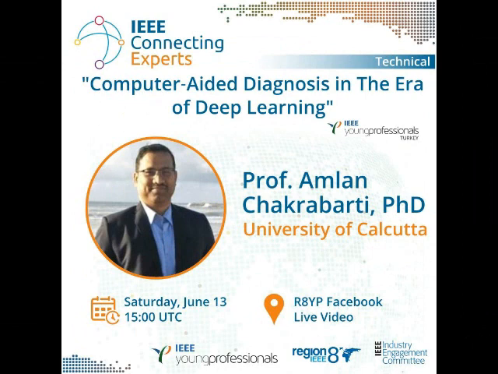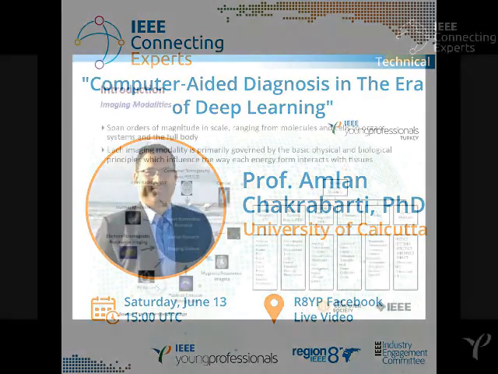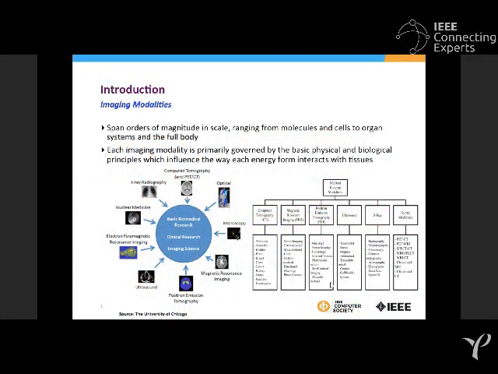Similarly, CT is also very similar to an X-ray, but in the case of X-ray, your source of the energy and your detector are static, so you only get a particular region of the body you can scan through the X-ray.